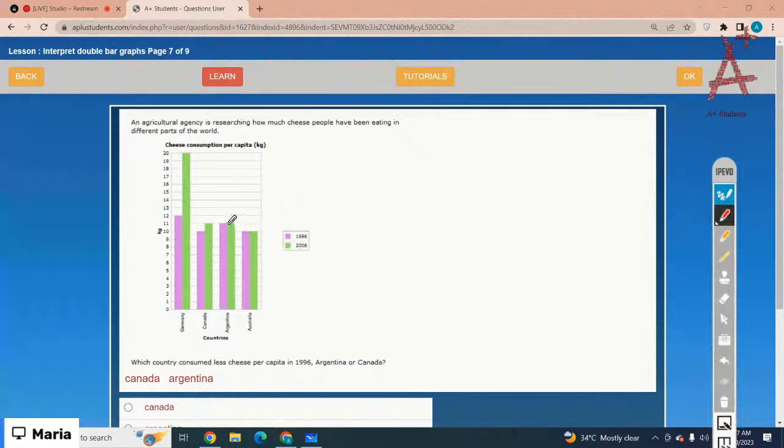Argentina here is 11, and for Canada it is 10. So which country consumed less cheese? That means Canada consumed less than Argentina. The correct option is Canada.